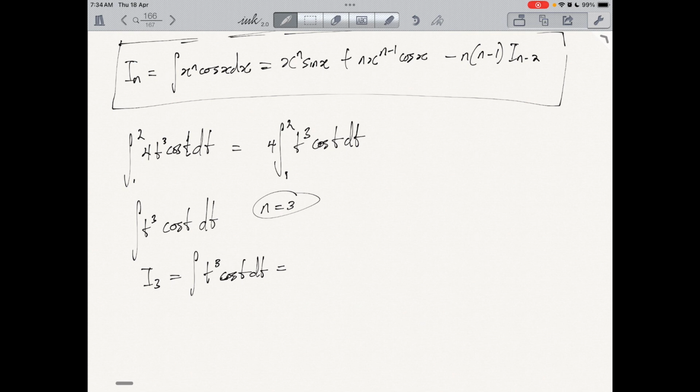Therefore we will have t^3 sin t plus 3t^(3-1) cos t minus 3 into (3-1) I_(3-2).